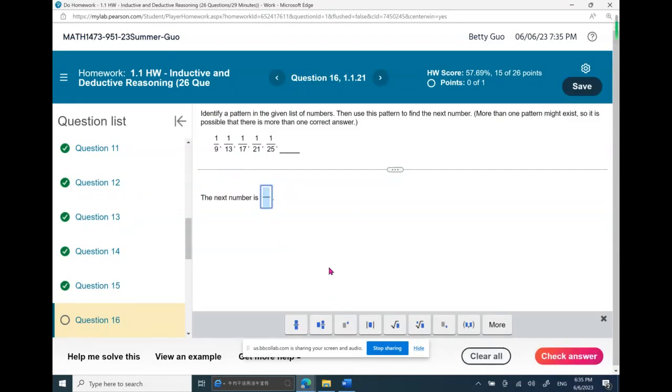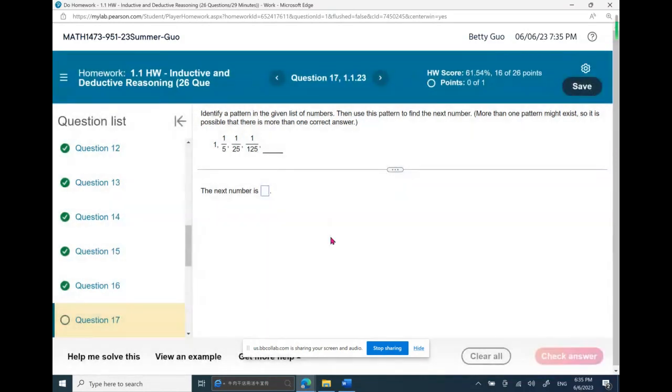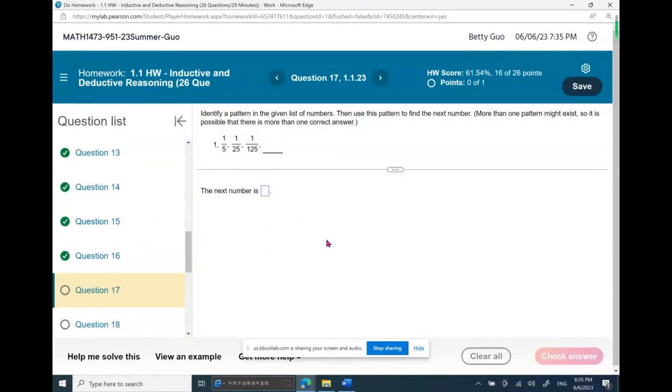So for the next number, the numerator is 1, same as all other elements. For the denominator, we are going to add 4 to 25. Do you see it is going to be 29? Or you can watch the video later. It's posted in Blackboard.